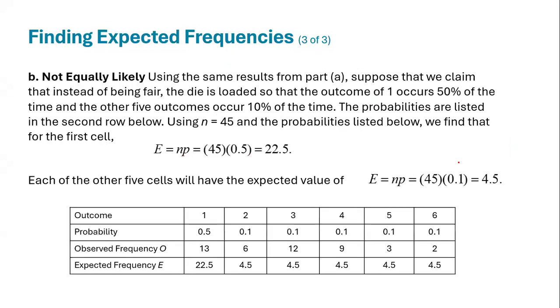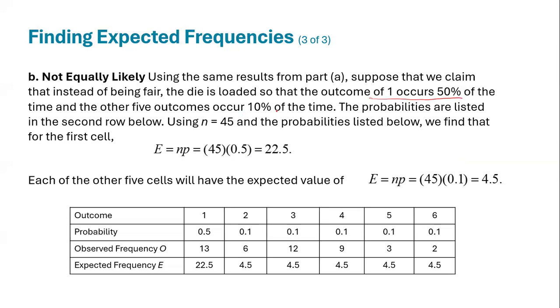Now it says, if we claim that the die is not fair, and the die is loaded so that the outcome of one occurs 50% of the time, and the other outcomes like 2, 3, 4, 5, 6 occur 10% of the time.